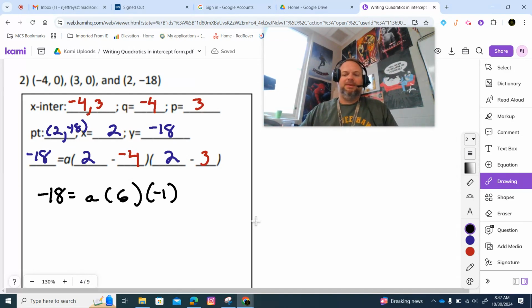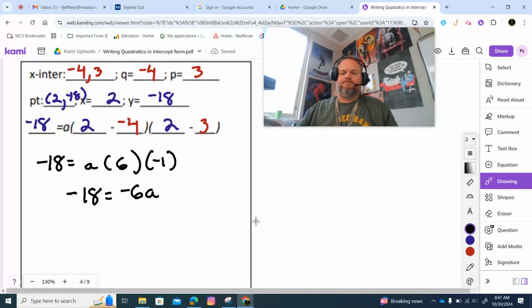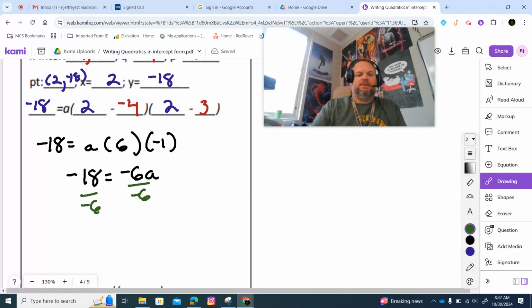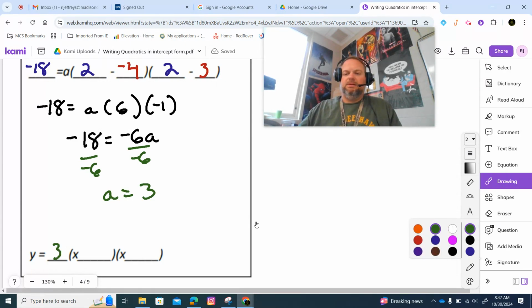Yeah. All right. So we should get A equals 3. So 3 goes here. All right, this was a -4, so +4, and then -3.